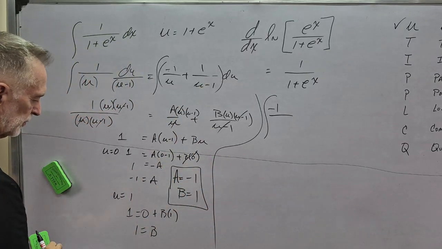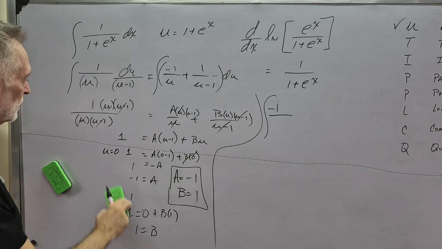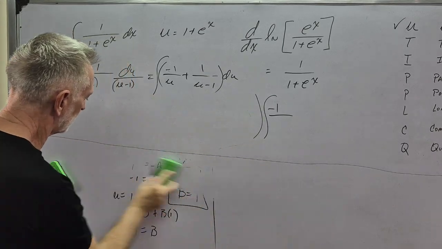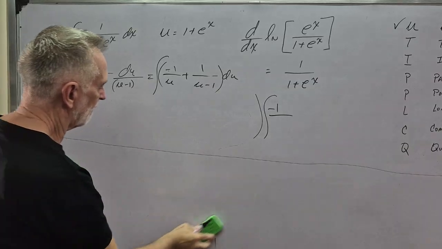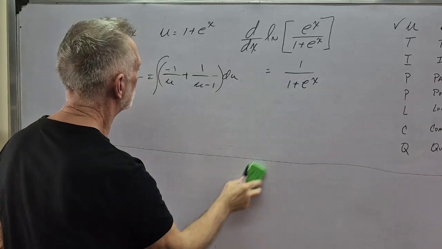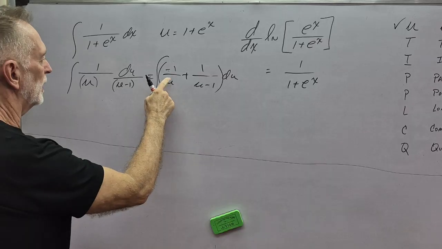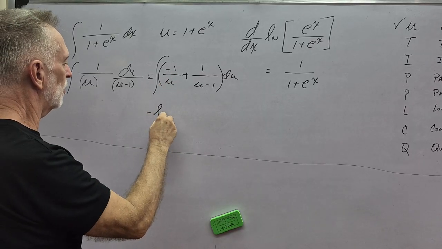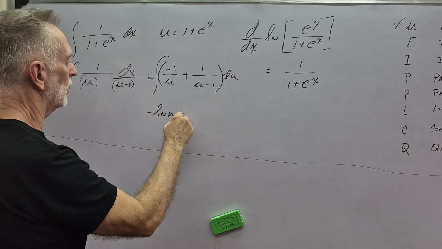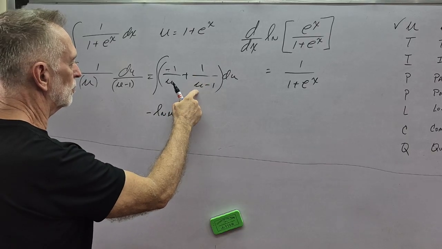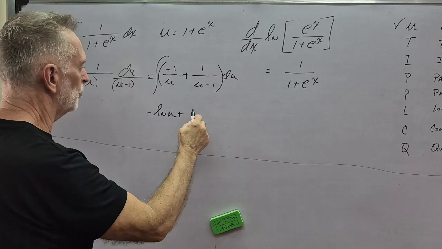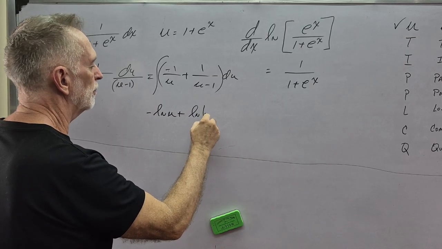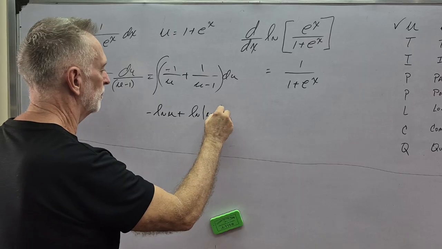I'm going to erase this, so take a snapshot. 3, 2, 1. Okay. All right, so the integral of negative 1 over u is minus natural log u, plus the integral of 1 over u minus 1 is the natural log of u minus 1.